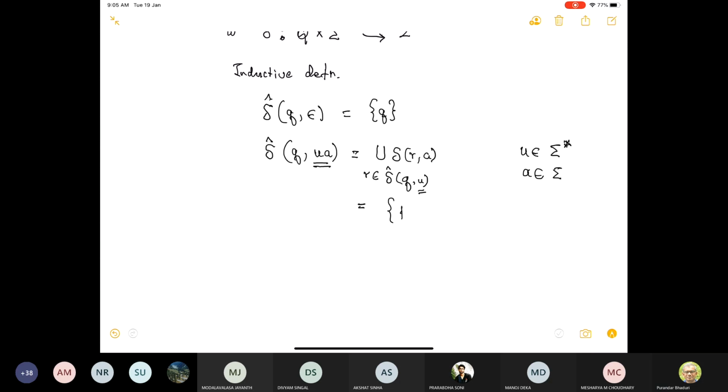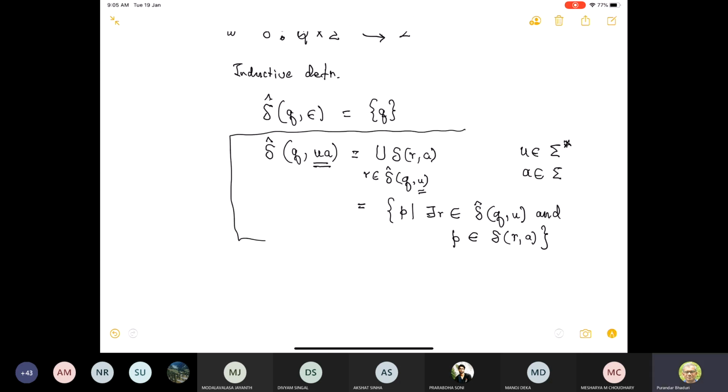This is just the set of states P such that there exists R belonging to delta hat Q U and P itself belongs to delta R A. So it's important to understand this.